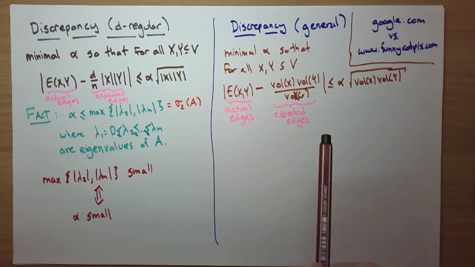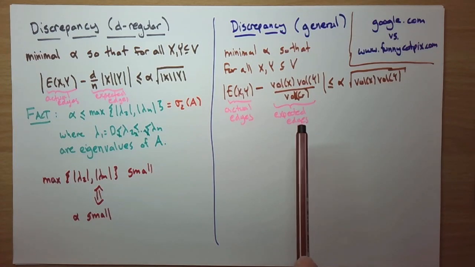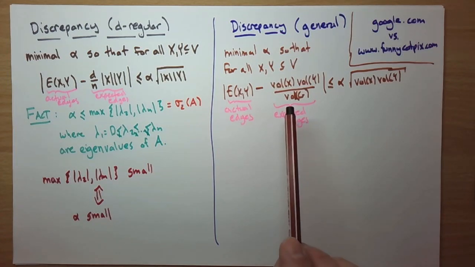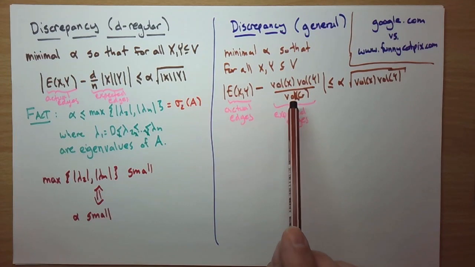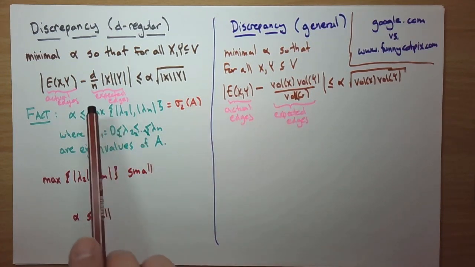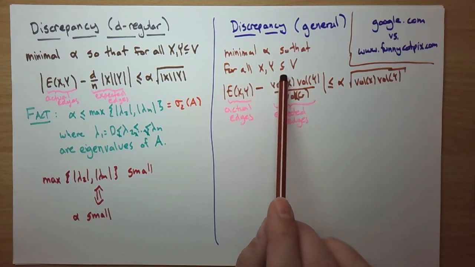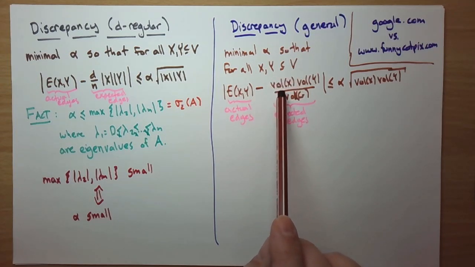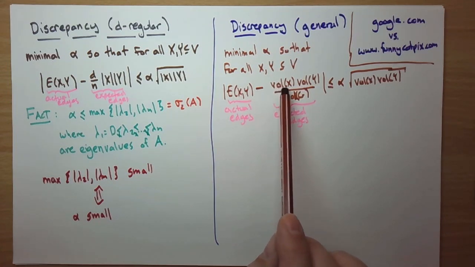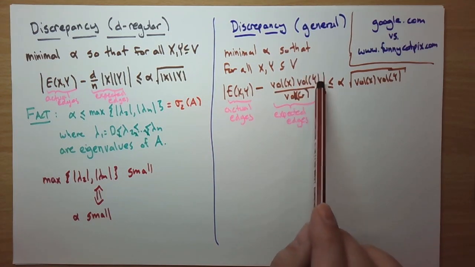You should try to convince yourself, and it's not going to take you very long, that if you have a d-regular graph, that these definitions agree. Well, let's at least do a little bit of hand waving here. So what is the volume of x if I'm a d-regular graph? D times the size of x. Similarly, d times the size of y.